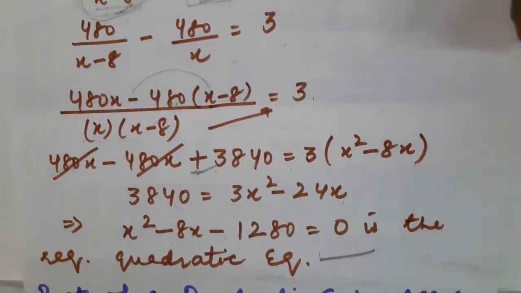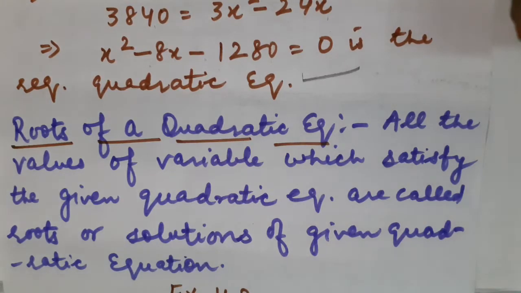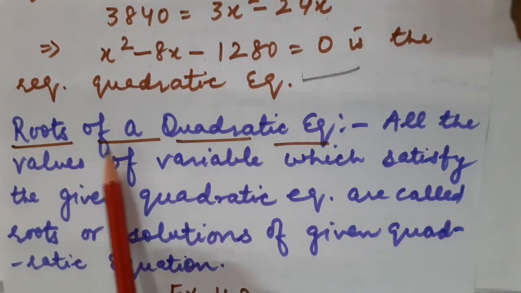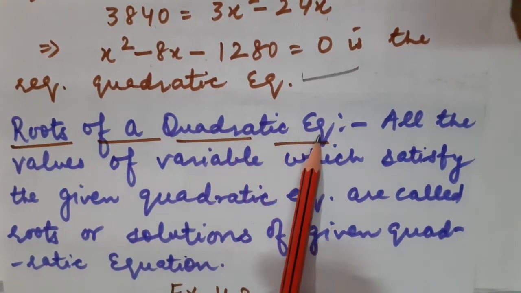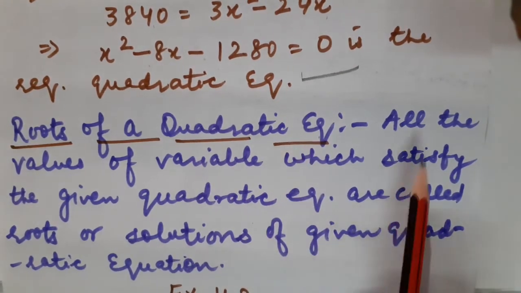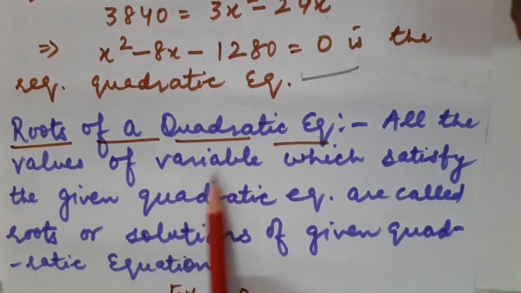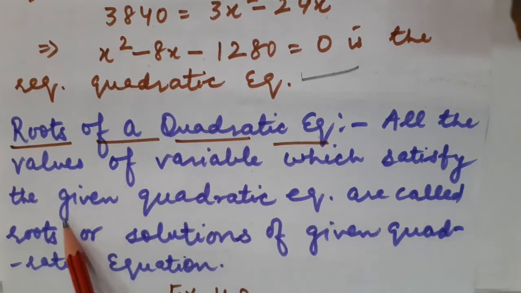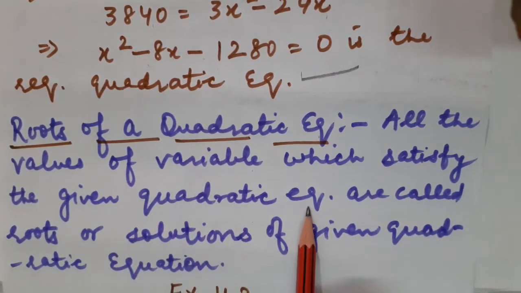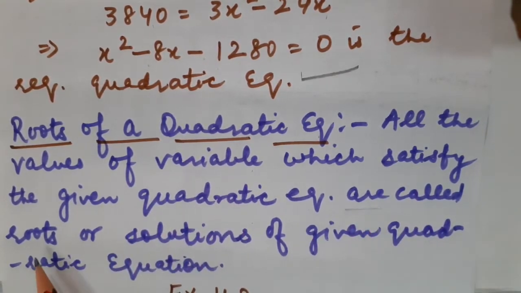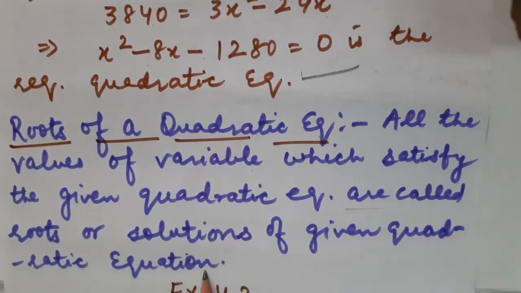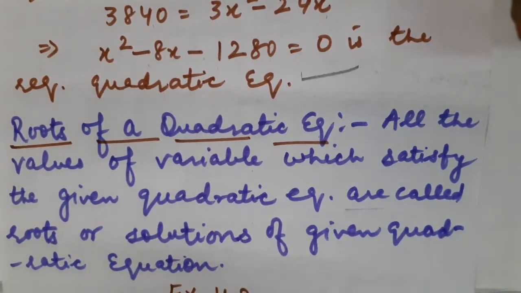Clear, children? Now, children, our next topic is roots or the solution of a quadratic equation. What do you mean by roots? All the values of variable which satisfy the given quadratic equation, they all are called roots or the solution of the given quadratic equation. For example, as you know, the generalized form of a quadratic equation is ax square plus bx plus c is equal to 0.